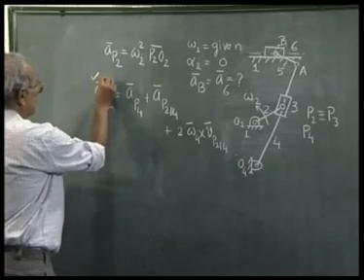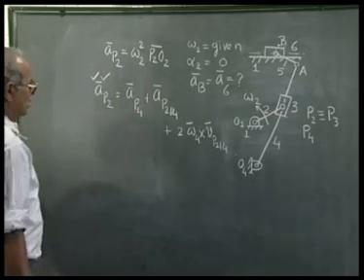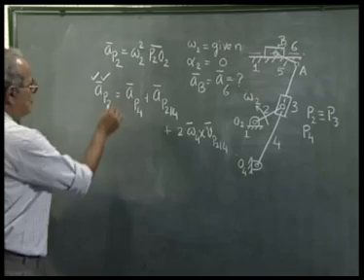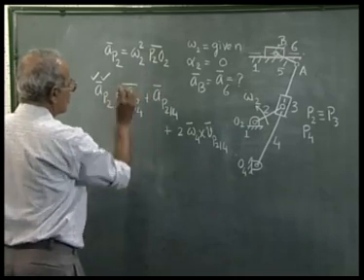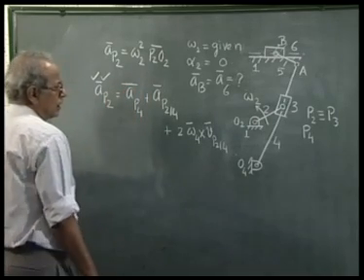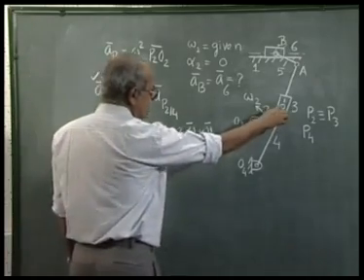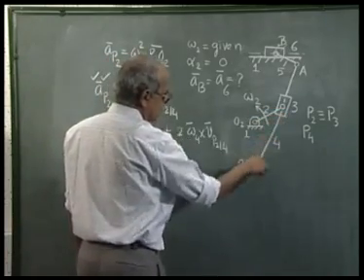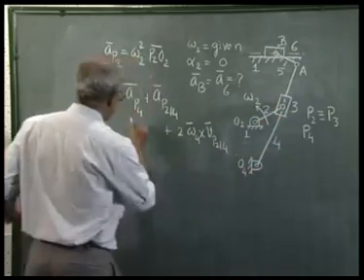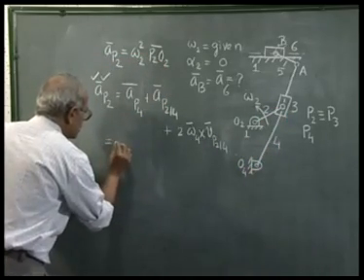AP2 is completely known from the input given acceleration. AP4 has two components. One is towards O4, P4O4, which I can write as AP4. There are two components.